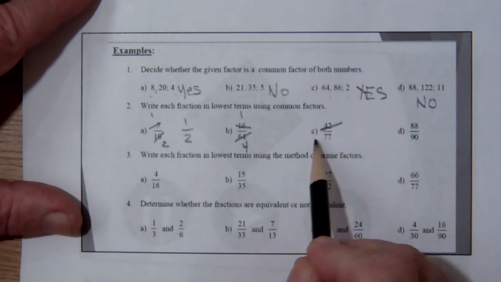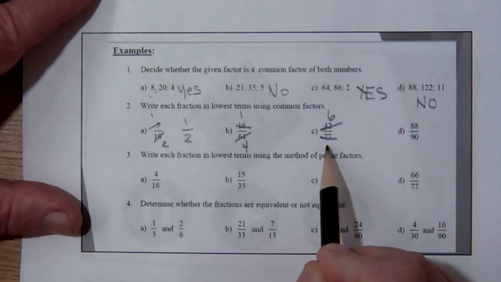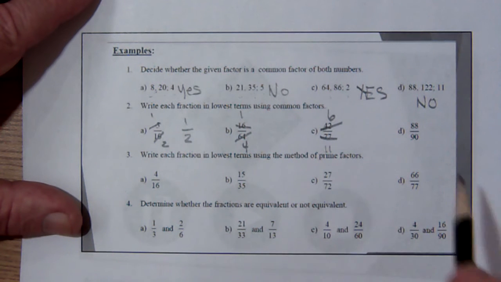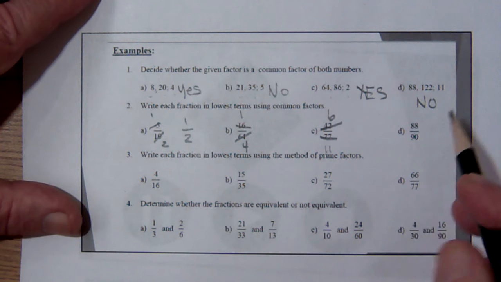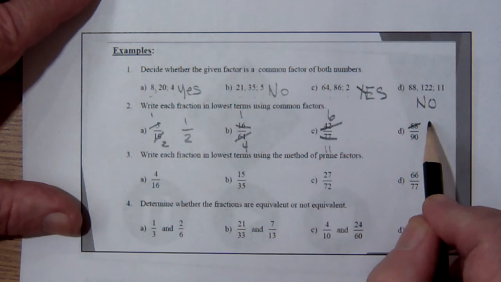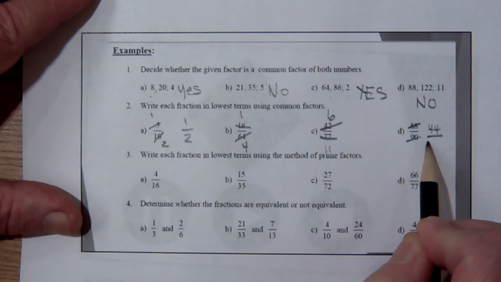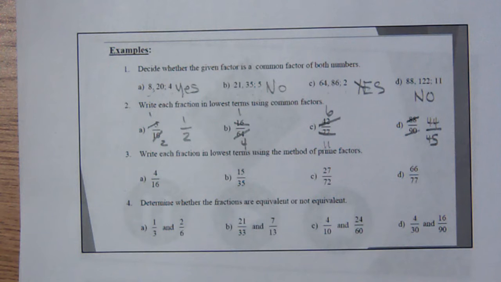Here 7 goes into 42 6 times, 7 goes into 77 11 times, so that is 6 over 11. And here 2 will go into both of these, and so we can get 2 goes into that 44 times, and 2 goes into that 45 times, and so that is 44 over 45.